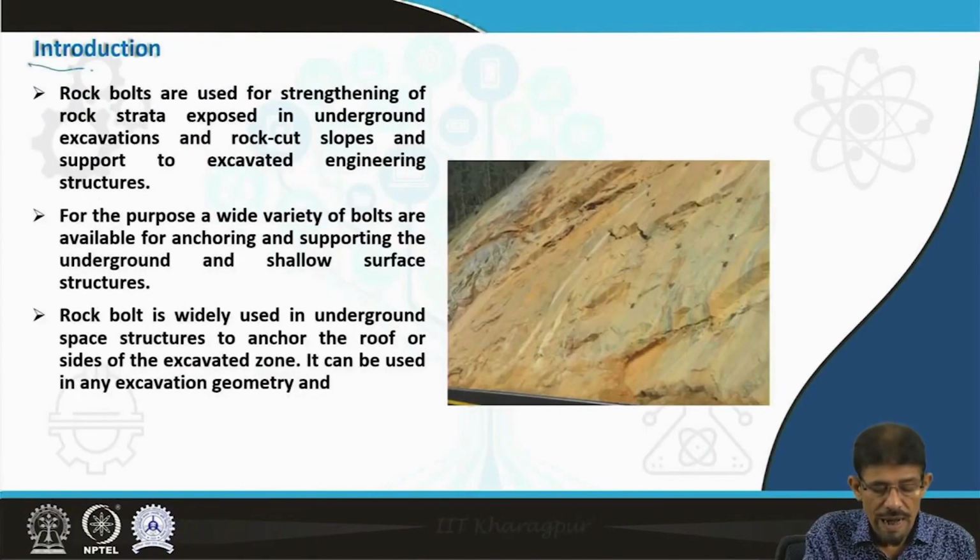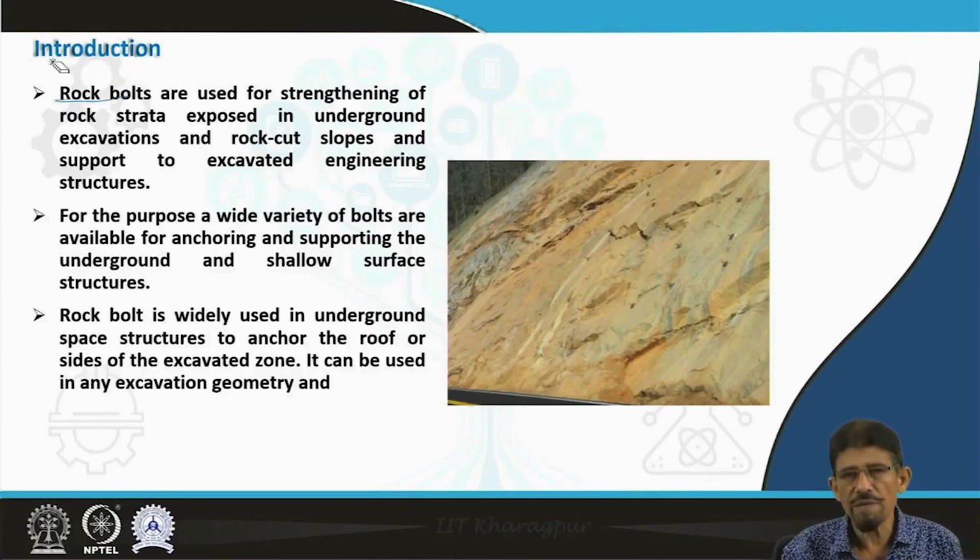As far as rock bolts are concerned, rock bolts are very simple, economical and easy to use. You can see here a view of a rock bolt bolted in a rock strata to stabilize the chipping of such material or sliding of such material at a slope.